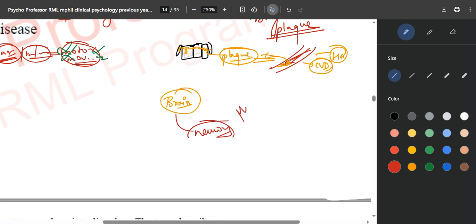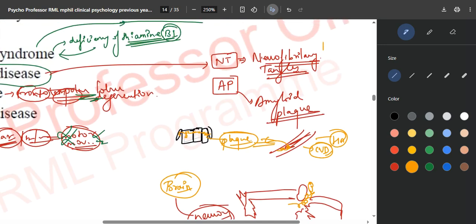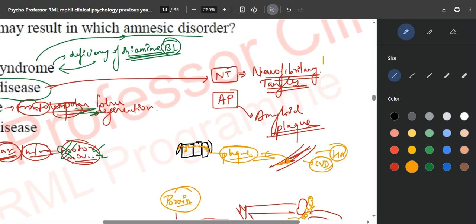So there is this neuron coming like this, and this neuron, and like that. What is happening is this plaque will get in between, and everything will get diminished in your body, because signaling will not be possible, and then every problem will arise. So this is what amyloid plaque does in your brain, and also the neurofibrillary tangles.